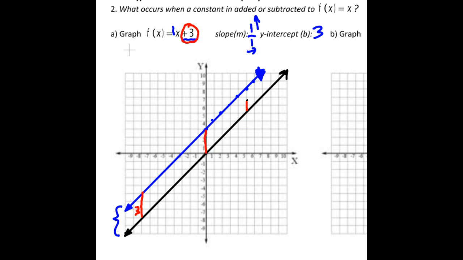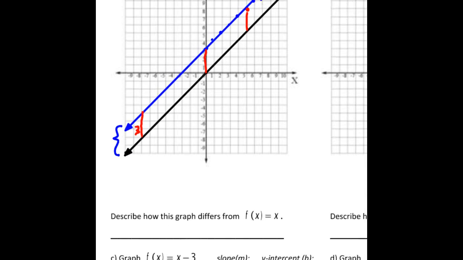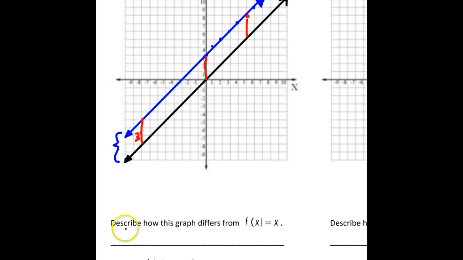So another way of graphing this, instead of doing the normal get the y-intercept, get the slope, you can just say, wait a minute, the plus 3 just moves the whole line up 3, and that's it. You don't really need to do anything else but count 3 squares up above any point on the black line. So how would we describe the number on the end? We wouldn't want to say it moves the line up; there's a more mathematical term.